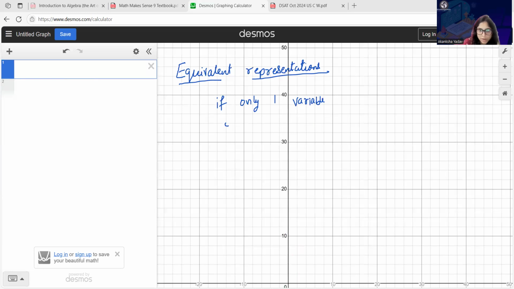You can plot all the graphs and compare them. Got it? So if only one variable is given, you can plot all the graphs and compare them.